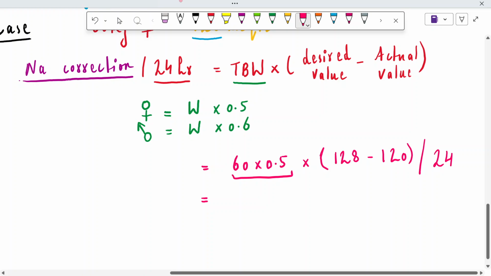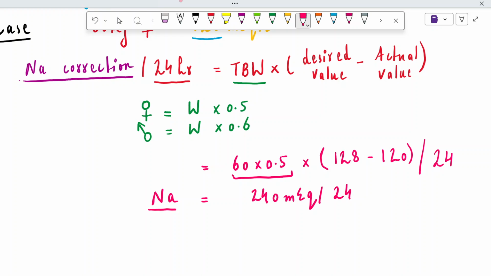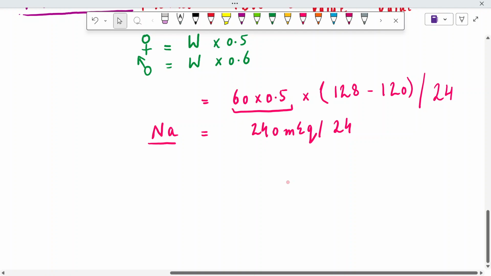So after calculating all these values, the last value will be 240 milliequivalents over 24 hours. This is the sodium correction formula over the next 24 hours. And what is 240 milliequivalents?